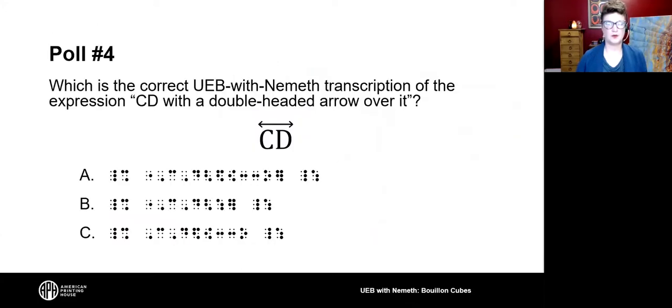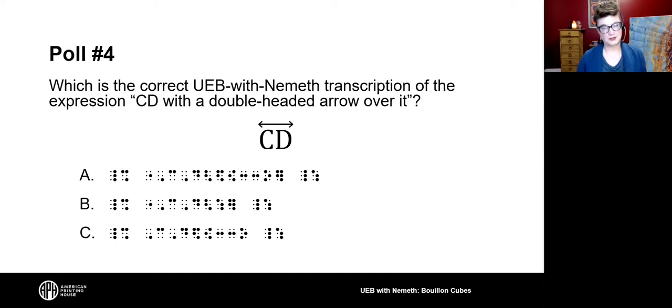We have another poll, but I'm just going to go quickly through the answer choices. We looked earlier at a transcription of a double-headed arrow over the letters MN. This question is about a double-headed arrow directly over the letters CD.